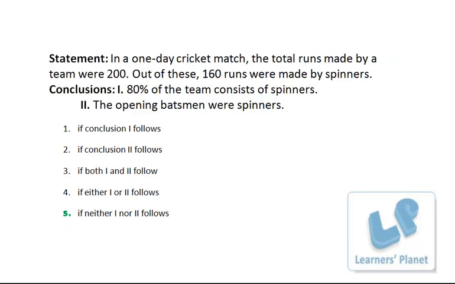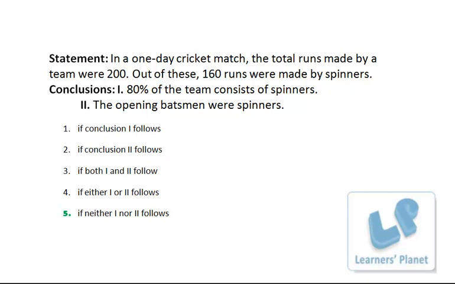In a one-day cricket match, the total runs made by a team were 200, and out of these 160 runs were made by spinners. Conclusion one: 80% of the team consists of spinners. See, in a cricket match there are 11 persons, right? And 80% means 8 or 9 people are spinners.